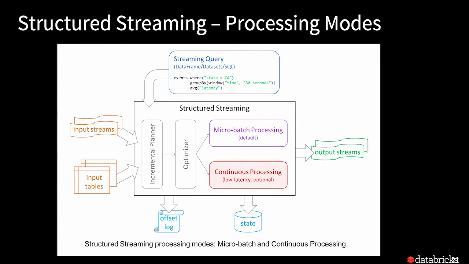The continuous mode is as soon as the data comes in, boom, we process it right away. So on each executor, you have a process running that's just pinging the source. The source is where the data is coming from, whether it's a file system, a socket, Kafka, or Kinesis, and it's continually pinging that. That's continuous processing. So those are the two modes.